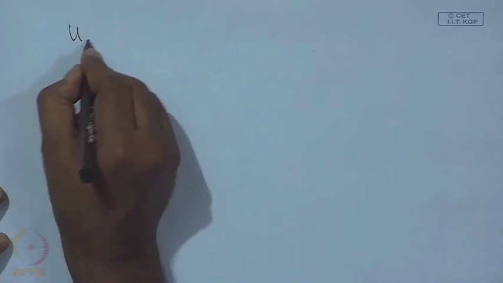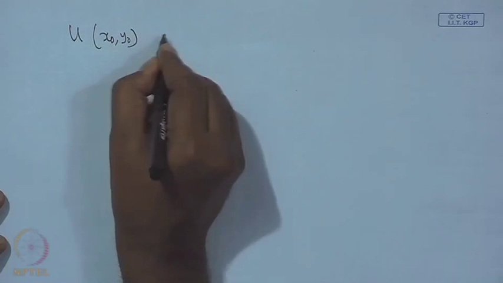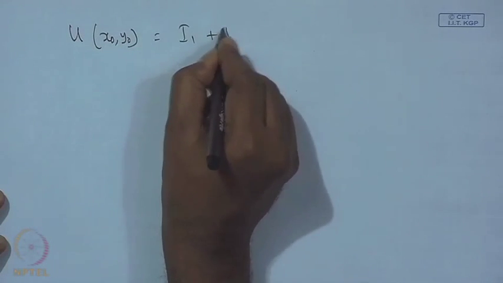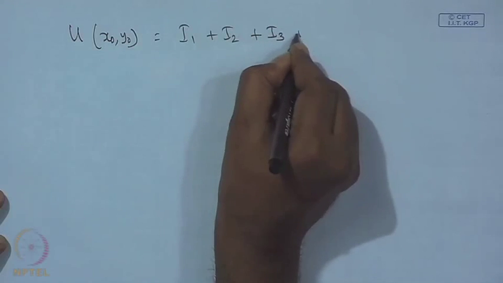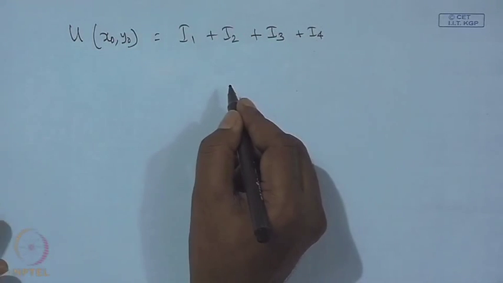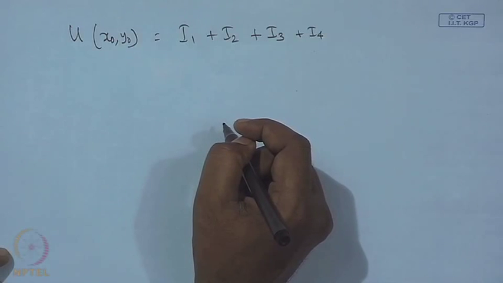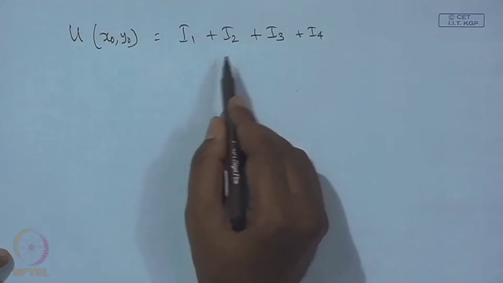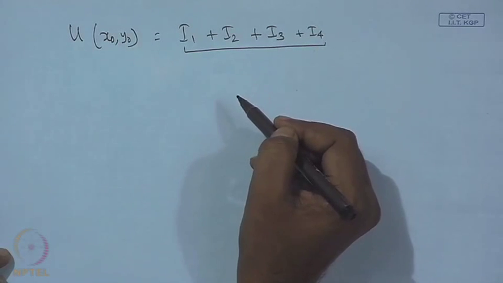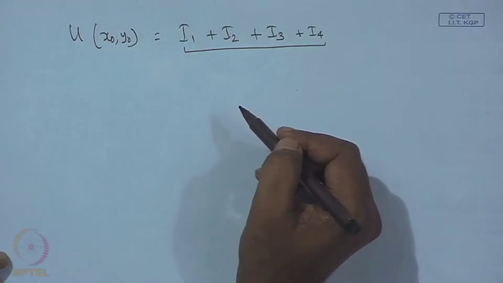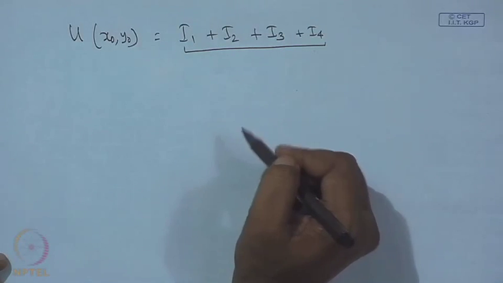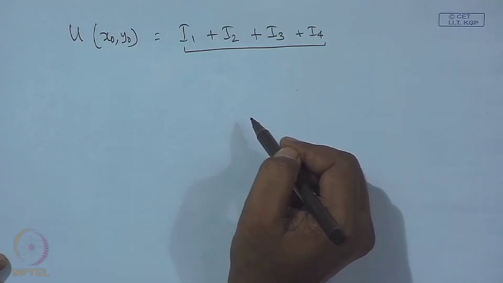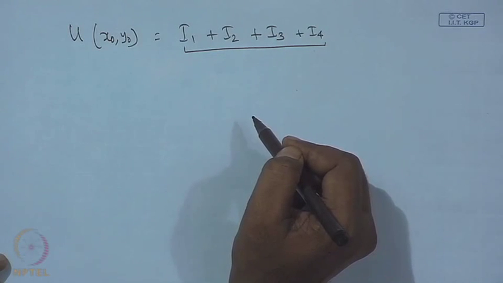So, the complete solution will be obtained. u as a function of x naught, y naught will be simply the sum of all the solutions I 1, I 2, I 3 and I 4. Okay. Now, if that is the case, you will find that on the right hand side you will have only a summation of some constant term multiplied by a summation of some variable multiplied by sin m pi x naught, sin n pi y naught, sin n pi x naught.